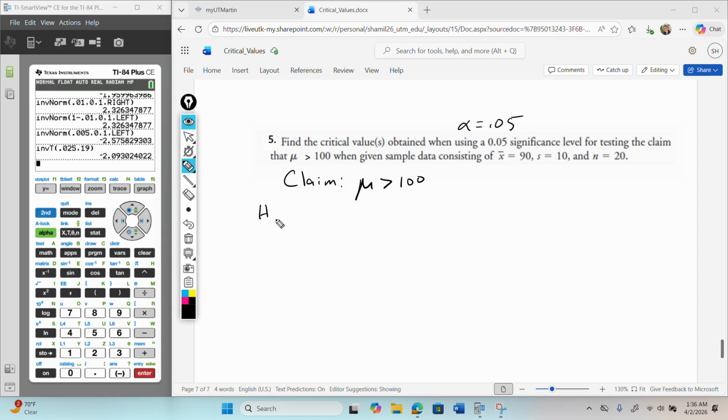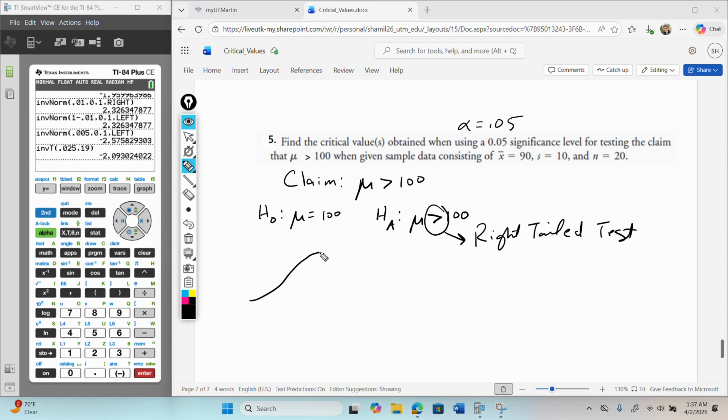Of course, if we're going to do the null hypothesis, that's still the equal sign. But the important thing here is the alternative hypothesis. In the original claim, that symbol is allowed, so we keep it for the alternative hypothesis. And now the symbol in the alternative hypothesis tells us we are going to have a right tail test. So all of the rejection region is in the right tail.